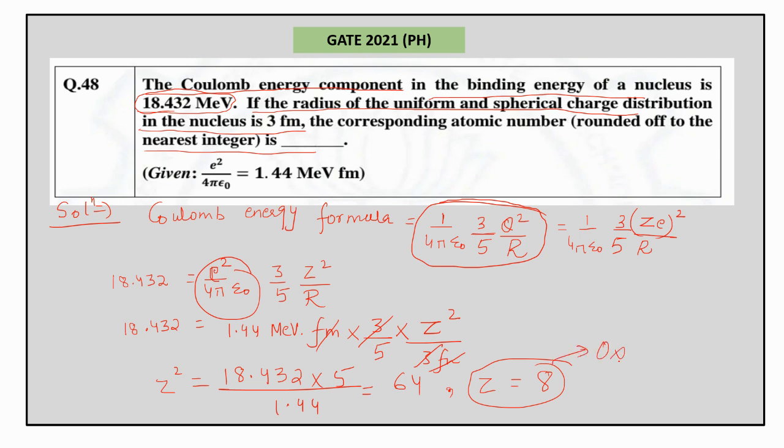So this will be oxygen. Z is equal to 8. Got it? This was a straightforward question of 2 marks.